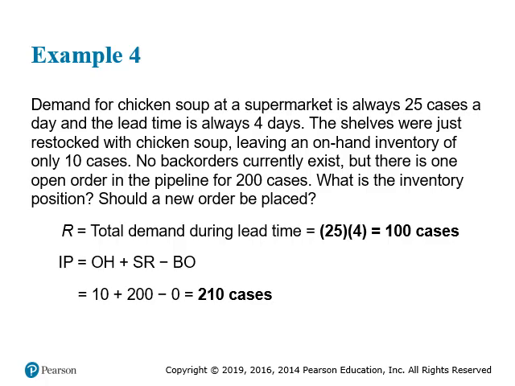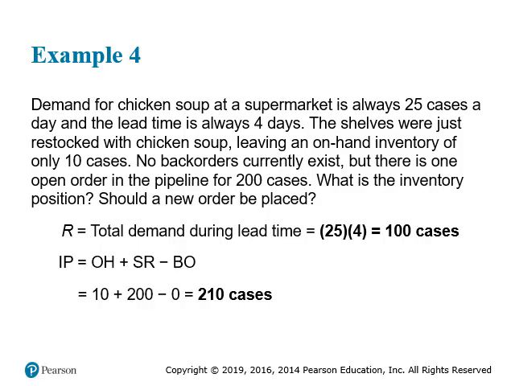So here's an example. Demand for chicken soup at a supermarket is always 25 cases a day, and the lead time is always 4 days. The shelves were just restocked with chicken soup, leaving an on-hand inventory of only 10 cases.